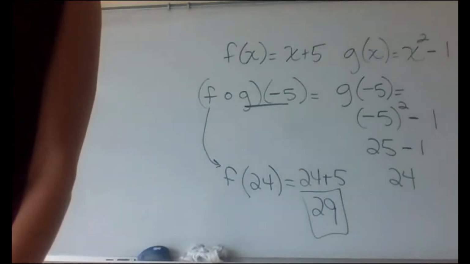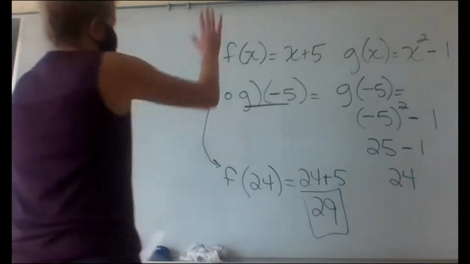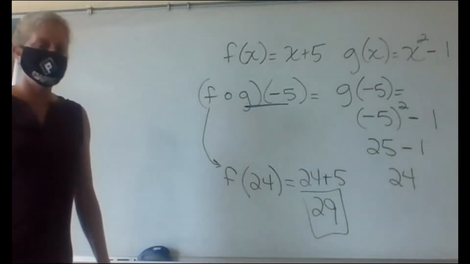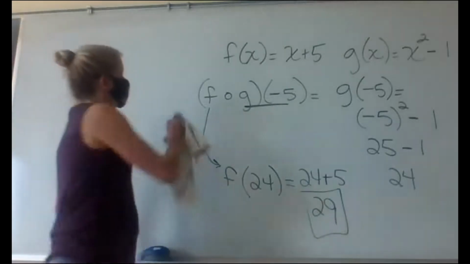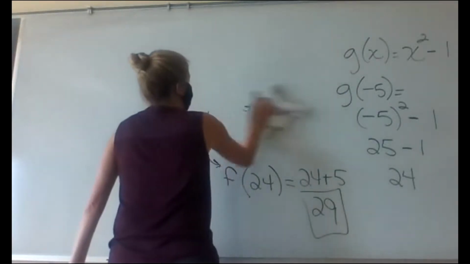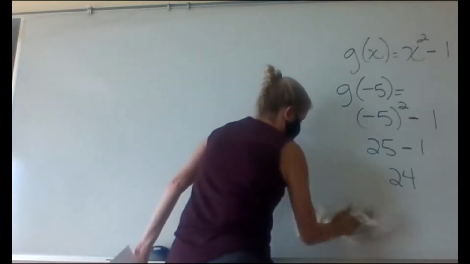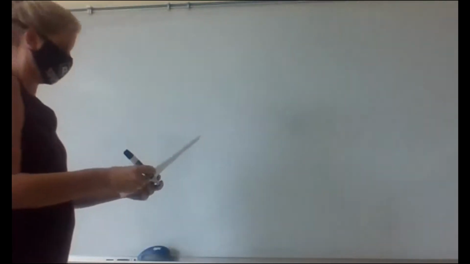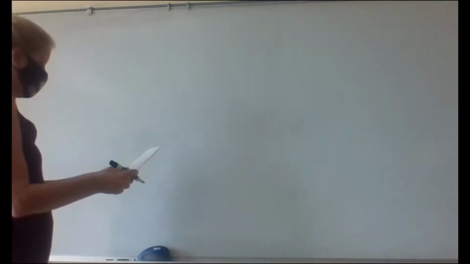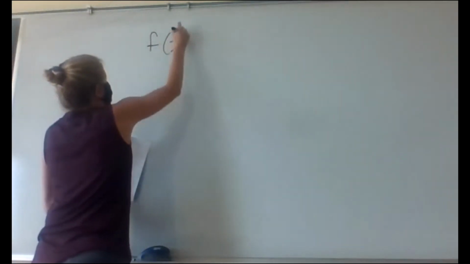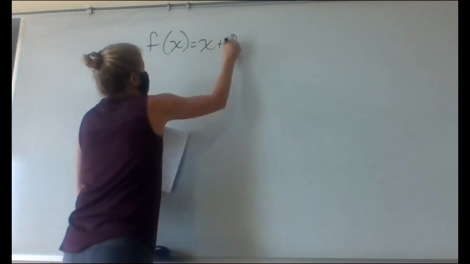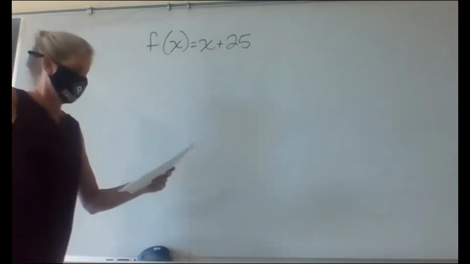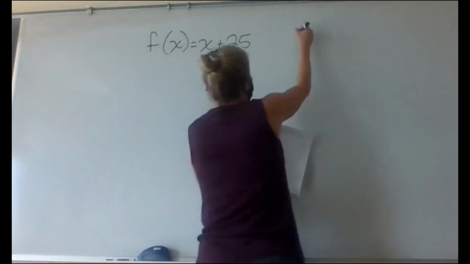Now, on Wednesday in 9.1, we did 1, 2, and 3 that were all like this. Now moving on to number 4. All right, it's still going to give me two functions. My first function is f of x equals x plus 25. g of x equals x minus 25.